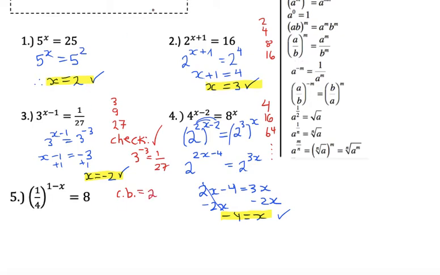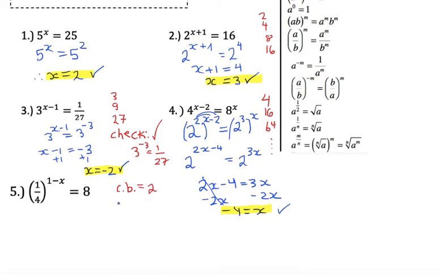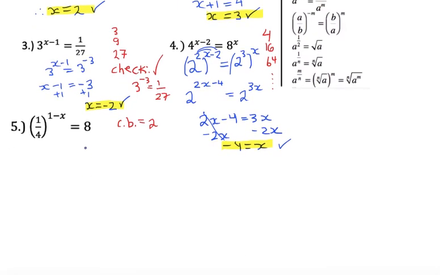Okay, so let's start with the right side again. Okay, so we already know this is going to be 2 to the power of 3. Okay, now a quarter. The 4 is squared. So this is going to be, but it's on the bottom. So to bring it up, this is going to be 2 to the -2. So 2 to the -2 is a quarter. And then we have 1 minus x.